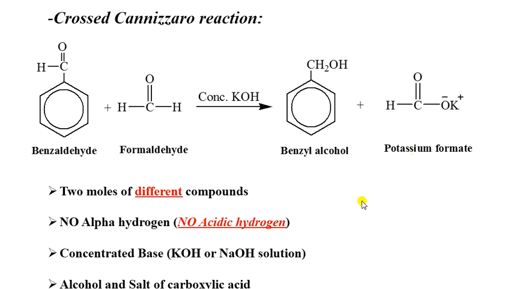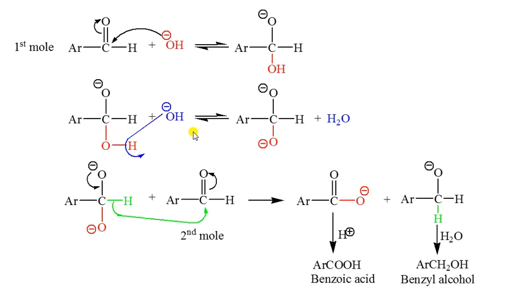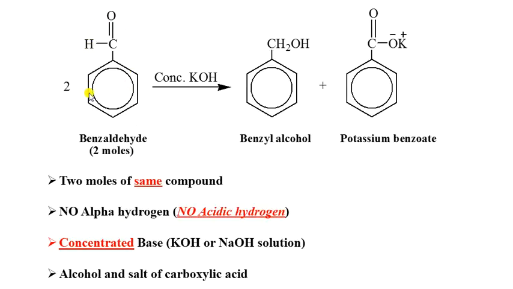To increase the percentage yield of the product, we use the crossed Cannizzaro reaction, because we use 2 different molecules of starting materials, not like the Cannizzaro reaction, which uses 2 moles of the same compound, so the percentage yield of the product will be low.